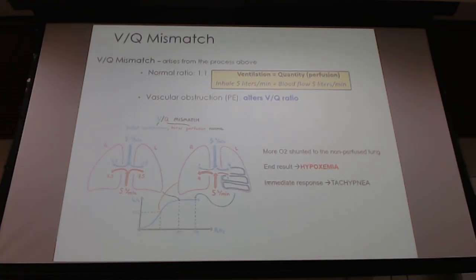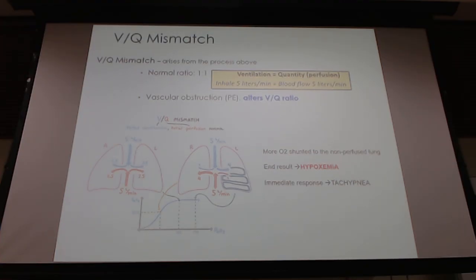Now, to have a mismatch, that means the ventilation didn't change, but now the perfusion has changed. And because this perfusion has changed, unfortunately, what the body will do is actually shunt more inhaled air to that lung that's not as well perfused.